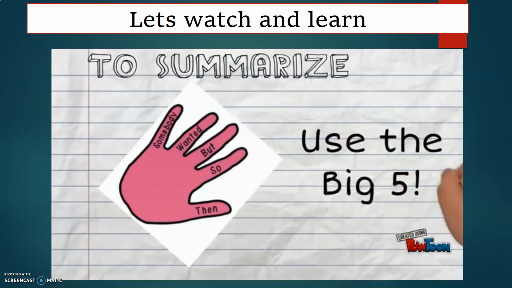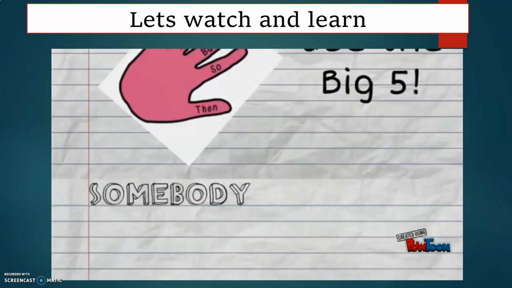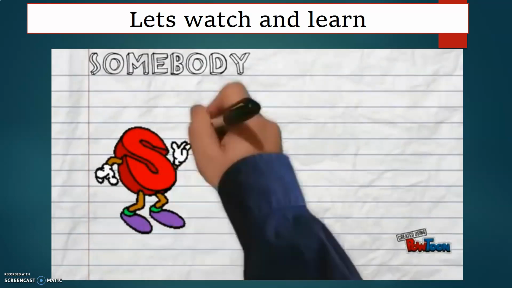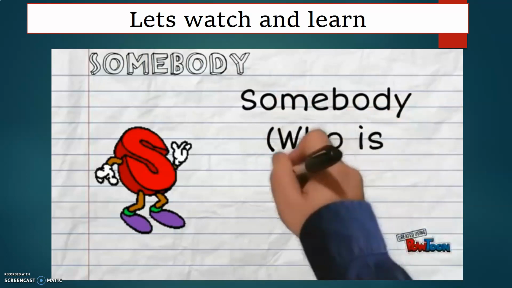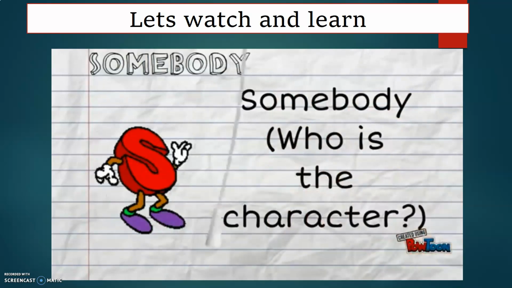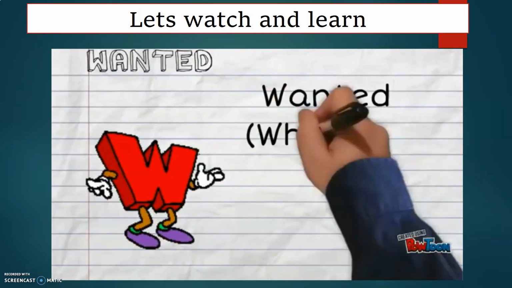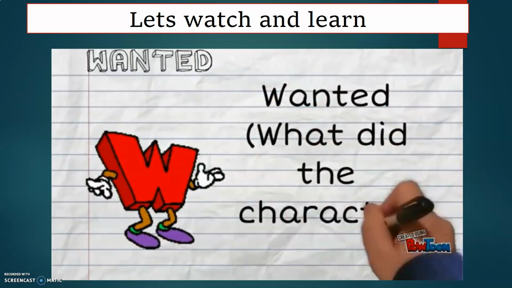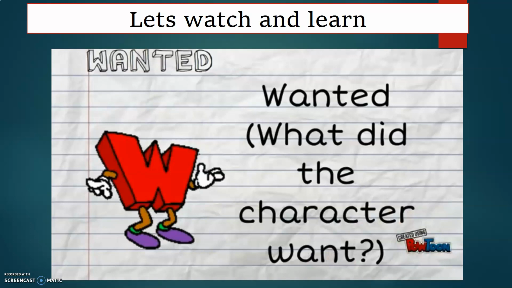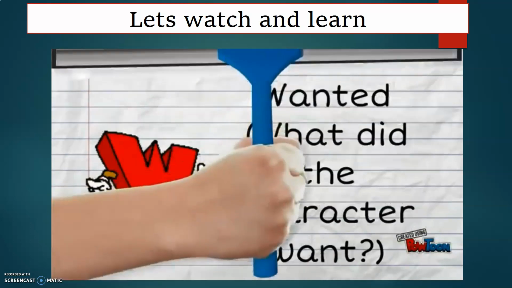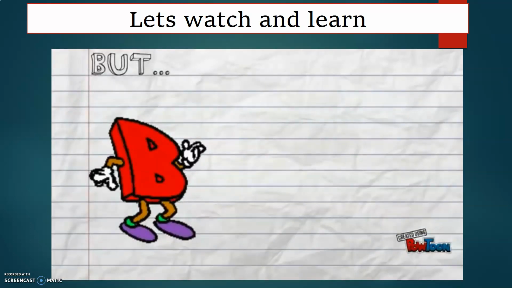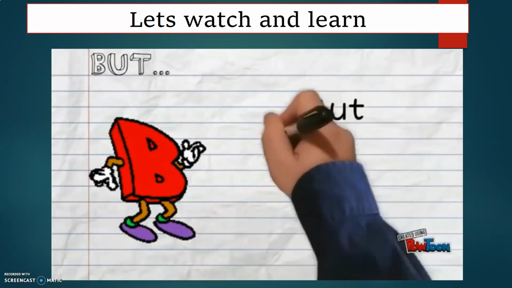Use the keywords somebody, wanted, but, so, then. Use the big five. S for somebody. Who is the main character? W. Wanted. What did the character want? B. But.